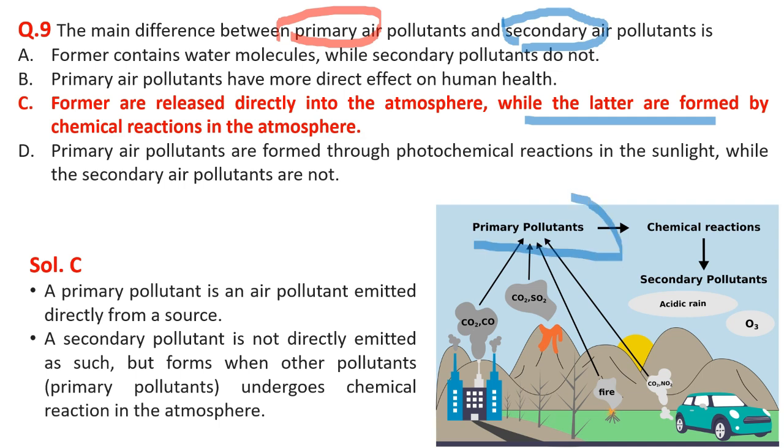Because of the combination of these primary pollutants in the presence of sunlight and water, chemical reactions happen and that leads to the formation of secondary pollutants like acid rain as well as ozone. So very simple question. That is the reason I didn't read out the options.